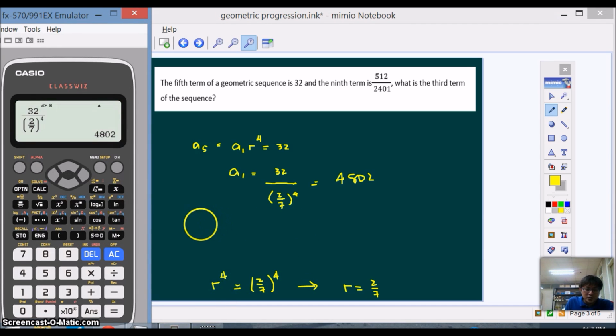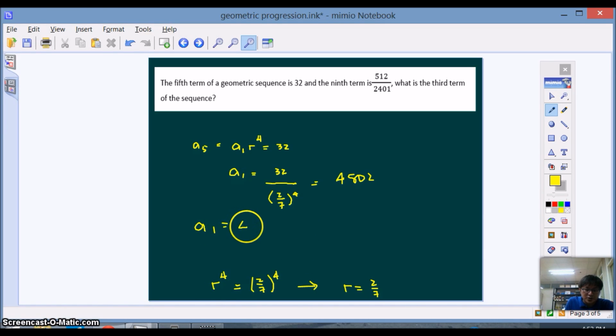So since we have the first term 4,802 and we have the common ratio, we can get any term. In this case, we are asked the third term. So the third term is simply the first term times r to the n minus 1, or r squared. So it's equal to 4,802 times 2 over 7 raised to the second power.